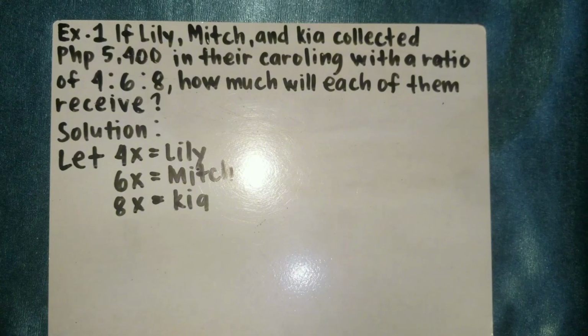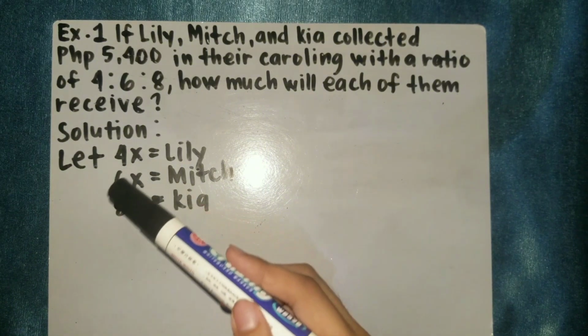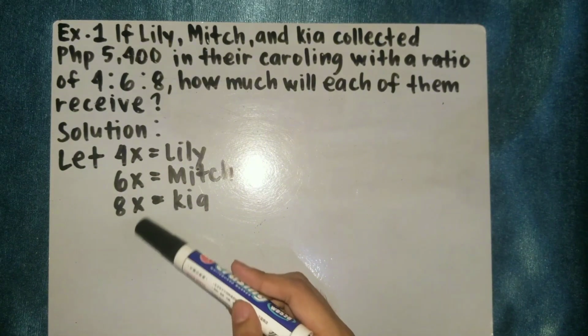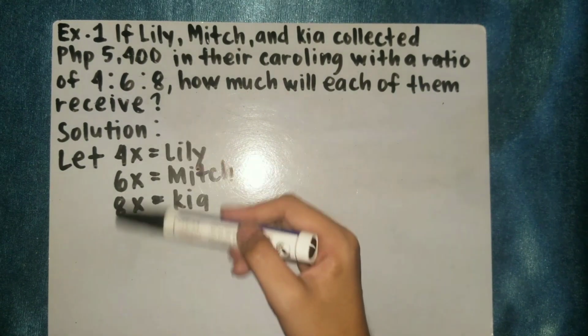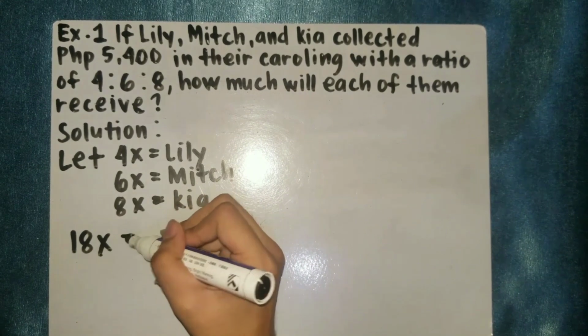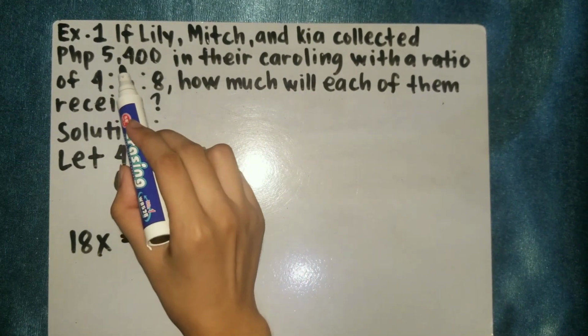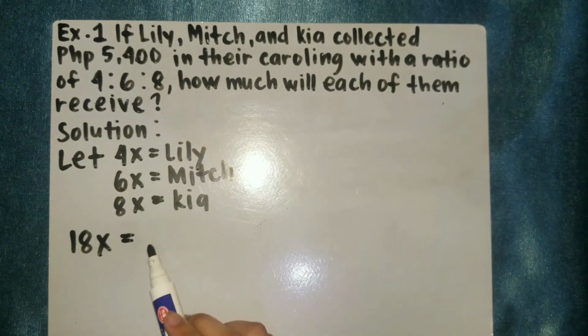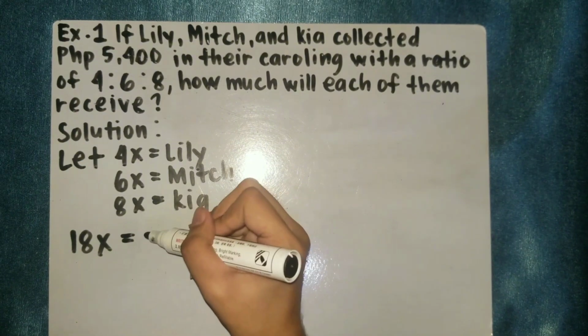Then next, ipag-a-add natin itong 4x, 6x, and 8x. So kapag pinag-add natin silang tatlo, magiging 18x. Then next, itong 5,400, ilalagay natin siya dito. Dahil ayan yung paghahatian nila Lily, Mitch, and Kia.